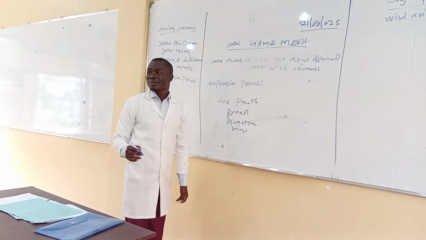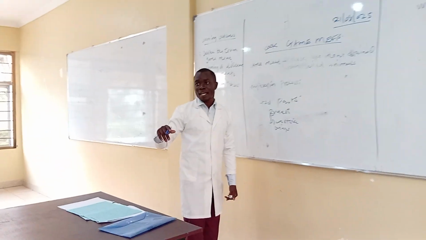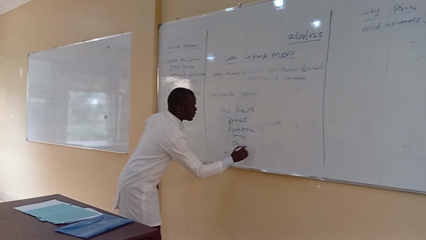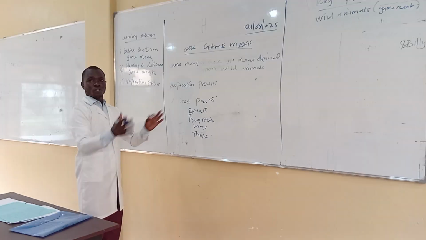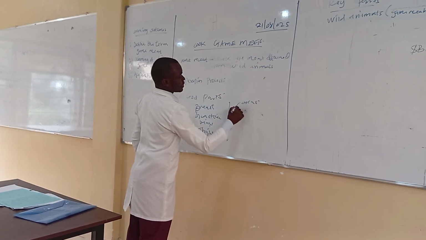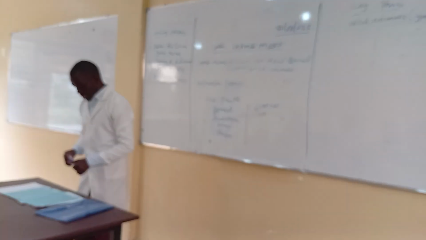Another one, neck. Yes, neck is grouped under the carcass. Thighs, we have the thighs. So remember these ones are two on both sides. And then we also have the carcass. So neck is categorized under the carcass.